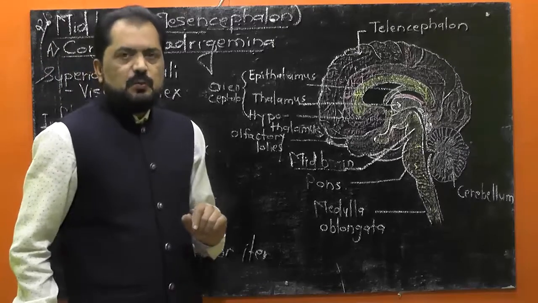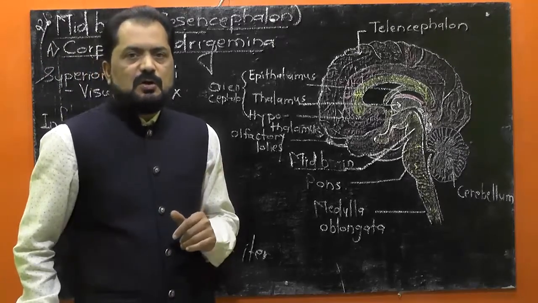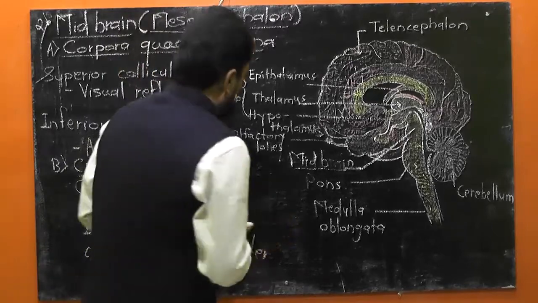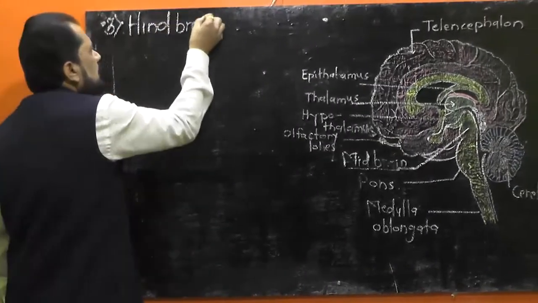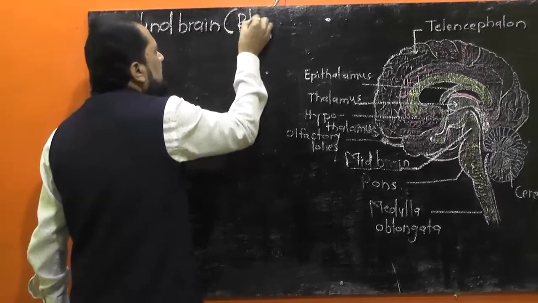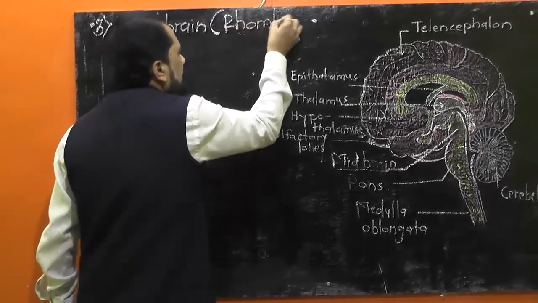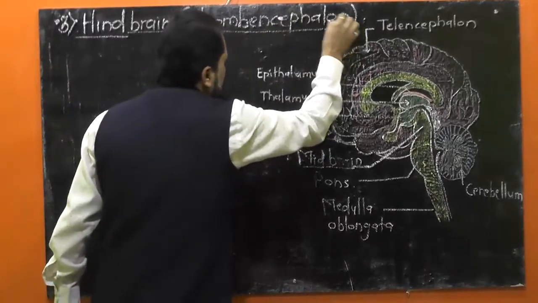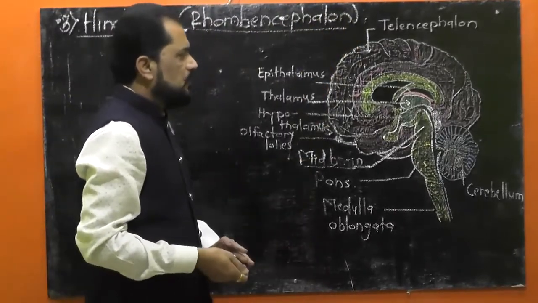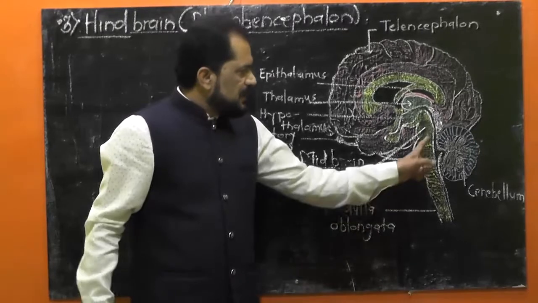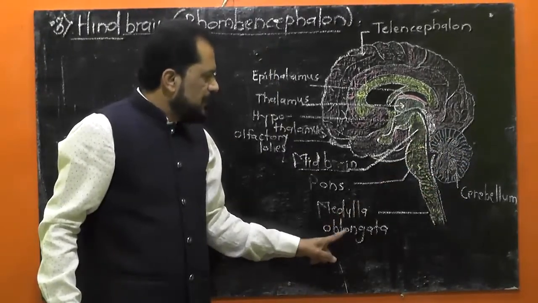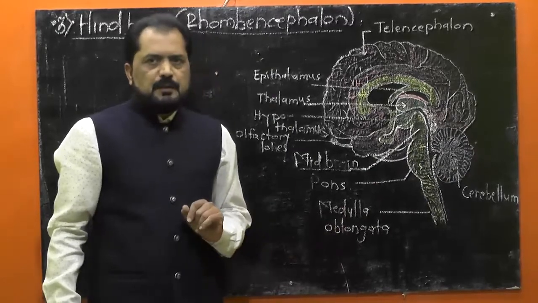Now let us move to the third major division of brain, that is the hindbrain or rhombencephalon. Hindbrain, it includes three major parts. Please look at the diagram, such as cerebellum, then pons and medulla oblongata.